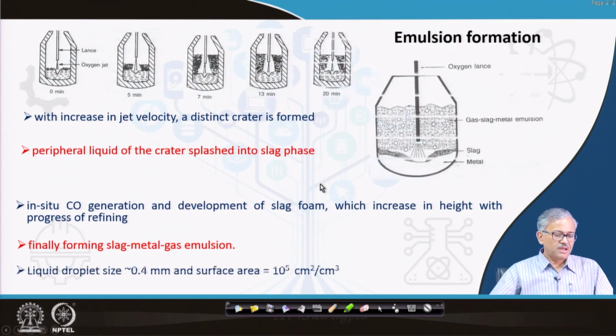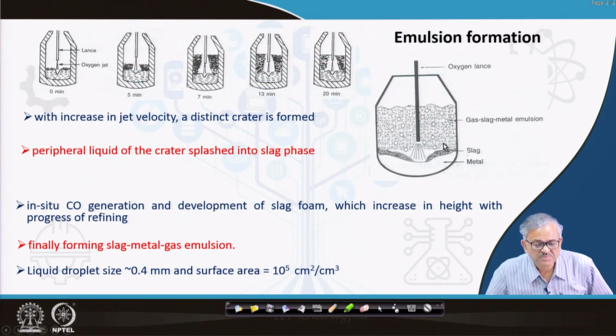So, the liquid droplet size may be of the order of 0.4 millimeter, and the surface area increases. You can see a tremendous increase in the specific surface area, 10^5 cm² per cm³. So, you can find here the gas, slag, metal emulsion.